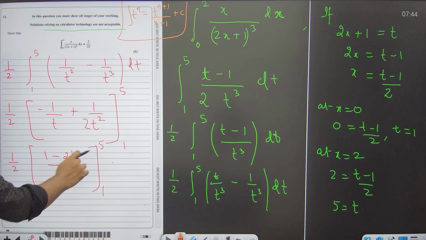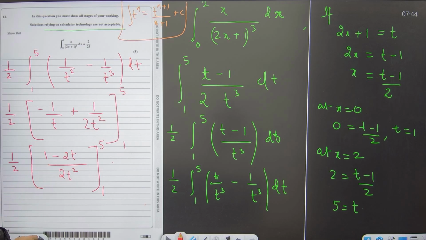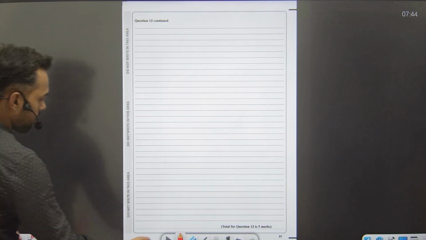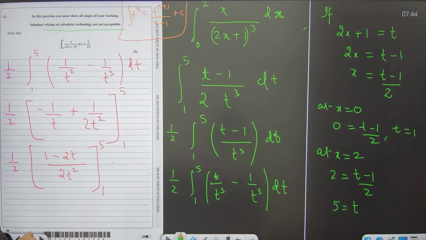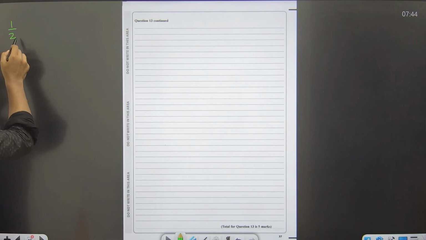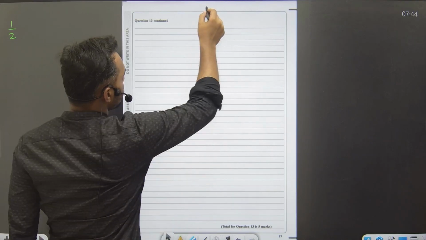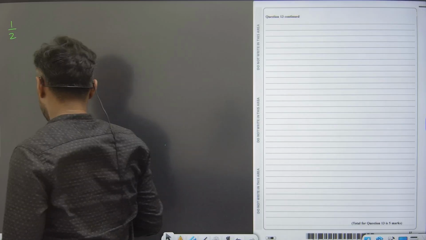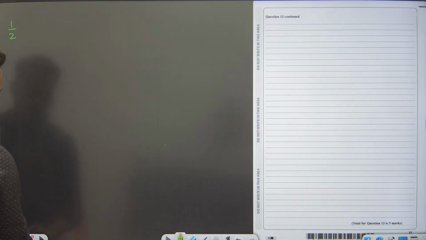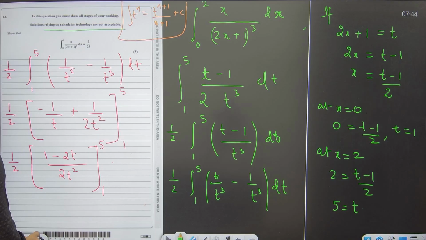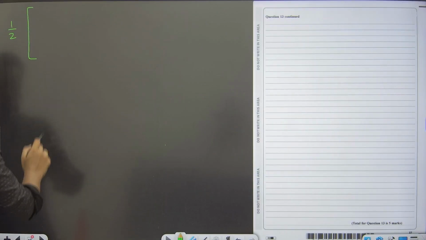Upon plugging in the values of the integration, what will we get? 1 by 2, we are plugging the values now.